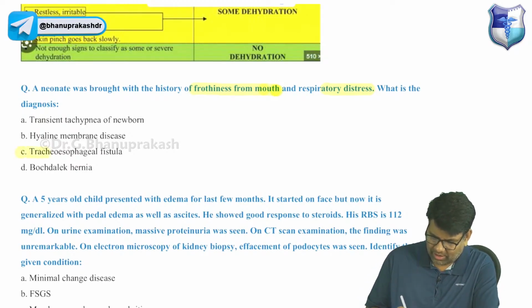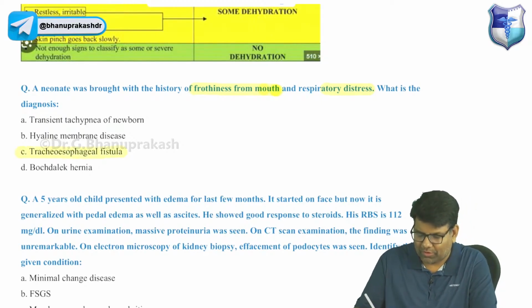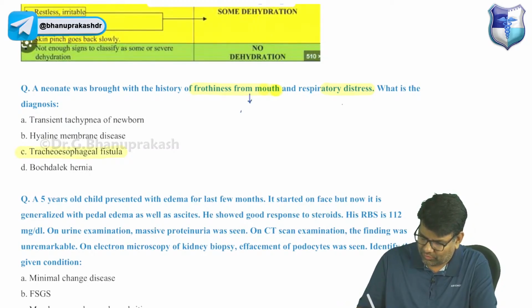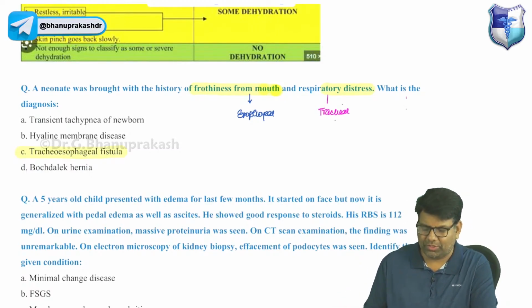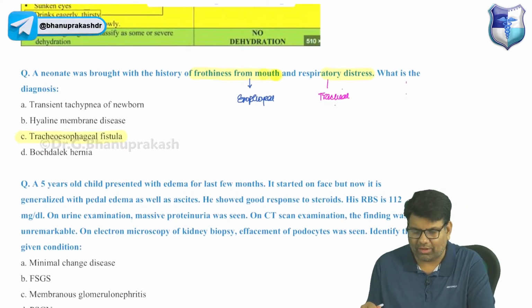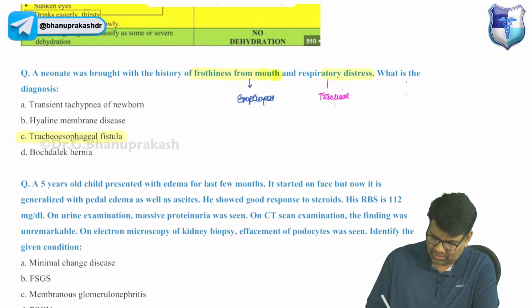This is tracheoesophageal fistula. Very good. You can see there is an esophageal component, and this is the tracheal component, right? So this is tracheoesophageal fistula, frothiness and respiratory distress.